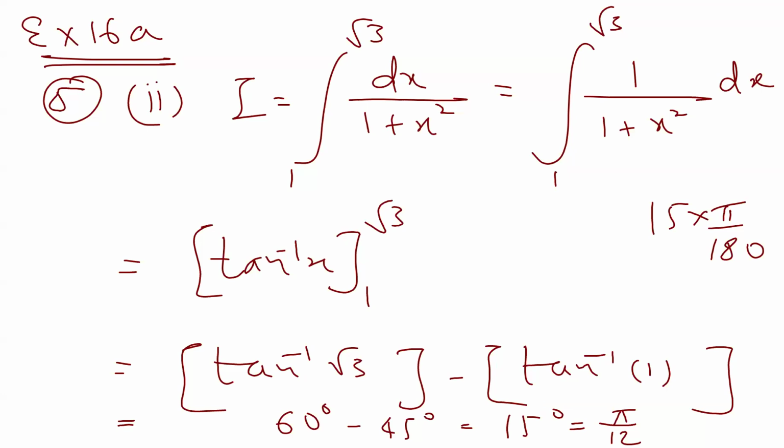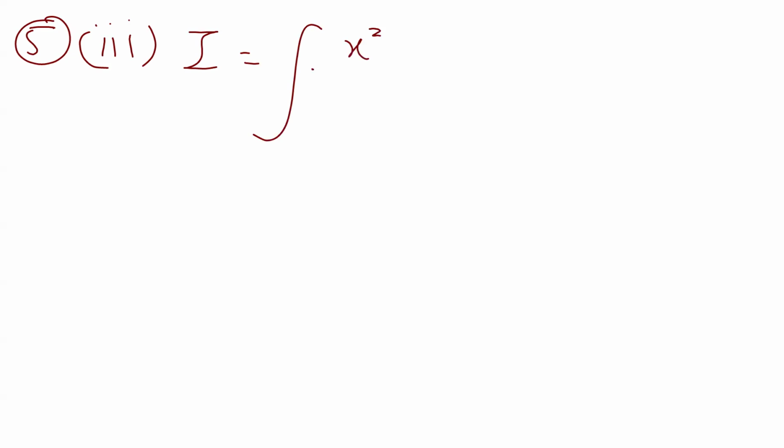Okay. 5 sub question 3. Integration of x square upon x square minus 4 dx, with limits 5 and 3. Now the initial few sessions on definite integrals are basic integration. So if the degree of the numerator and the degree of the denominator is same, what do we do?